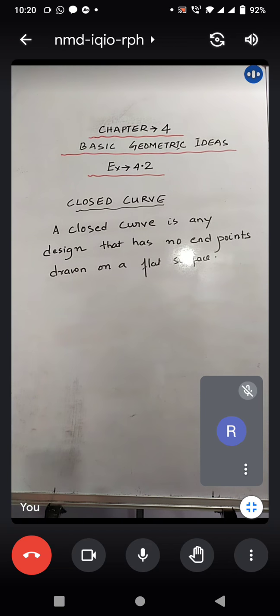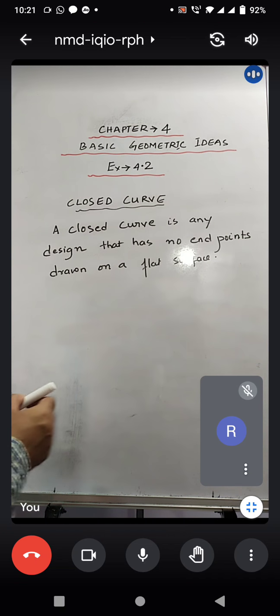So what is a closed curve? A closed curve is any design that has no endpoints drawn on the flat surface. In other words, you can also say that if you draw a design without lifting your pencil and end at the point where you began, it would be a closed curve.